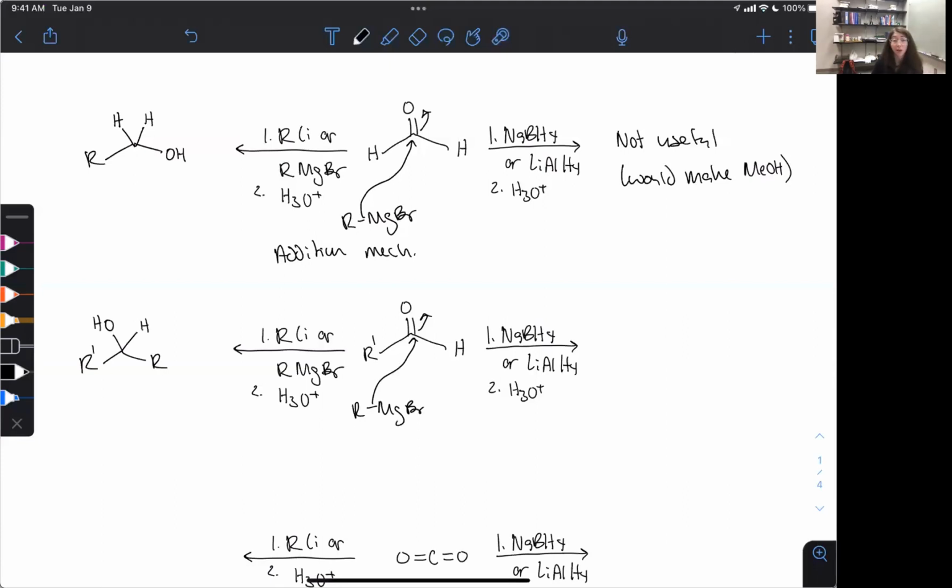Okay, so that one we can make a secondary alcohol. If I add a hydride, then I'm going to end up getting a primary alcohol out.